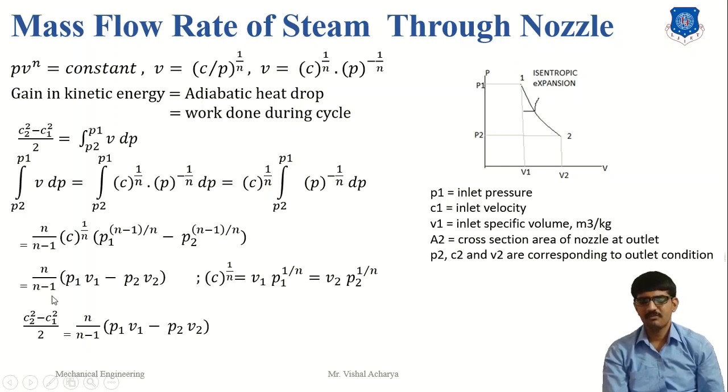Here we first find the outlet velocity, because we have to find the mass flow rate. Mass flow rate is the area multiplied by the velocity and divided by the specific volume at the outlet condition. The area is given as A2, we have to find the velocity C2, and the specific volume is V2.